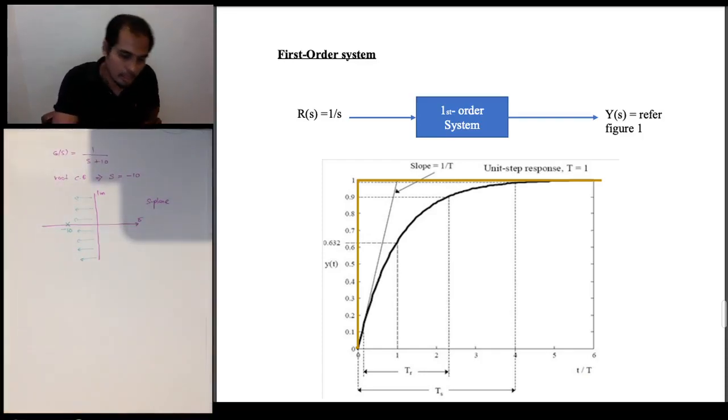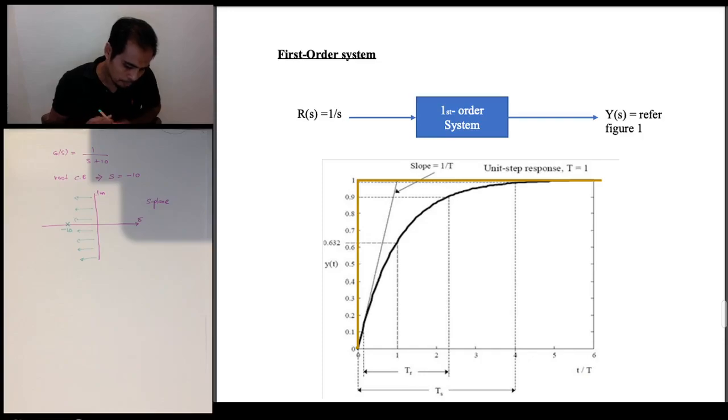Okay. So in any future system, we don't have to prove it in the time domain. We can simply say that if the roots of its denominator are on the left hand plane, then the system is stable, right?